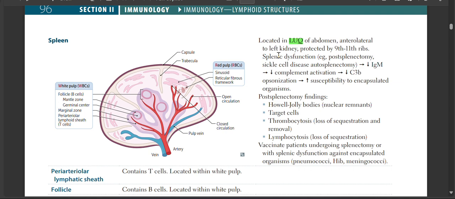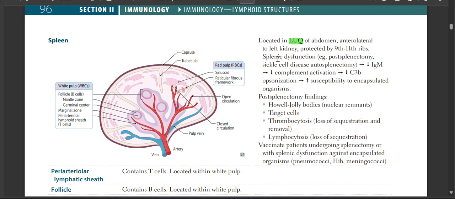You don't really need to remember this, but this part here, the splenic dysfunction, is very important to remember. Why? Because the spleen does two very important things. One, it is responsible for production of antibodies. And the second is that the spleen provides protection against encapsulated bacteria.